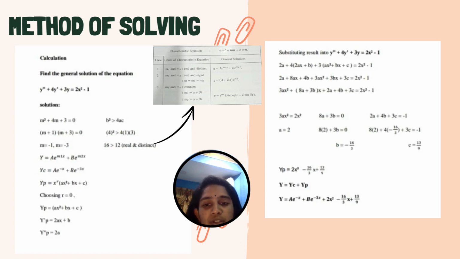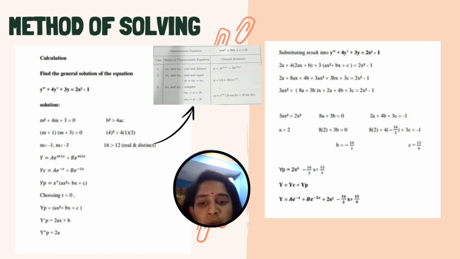The equation should not be the same as the yc equation. If it is the same, we move to another value like 1 or 2, to get one not the same as the yc equation. So in this situation, I substitute 0 and the yp equation is Ax² + Bx + C, which is not the same as the yc equation. So we proceed with the other steps.